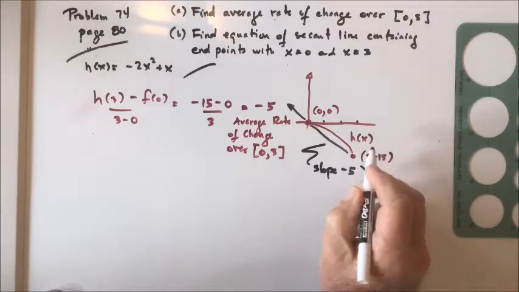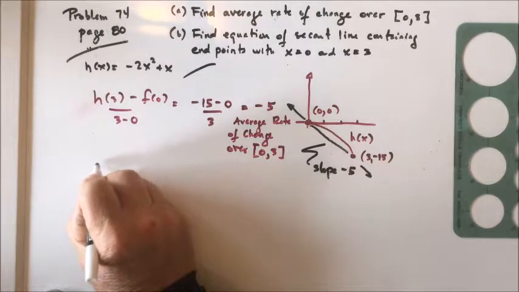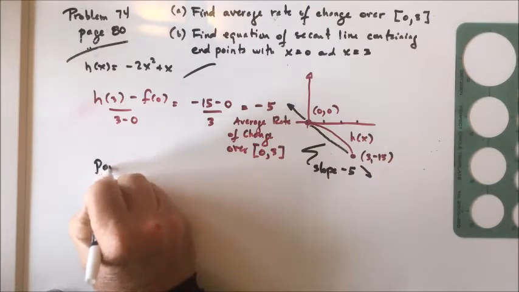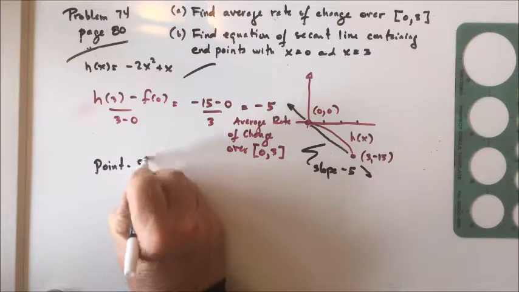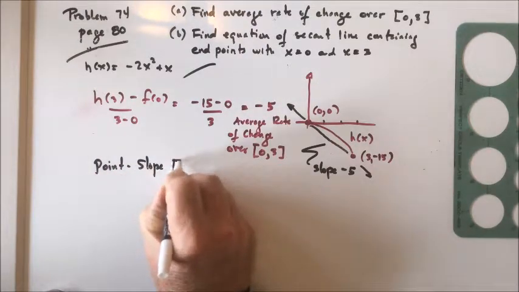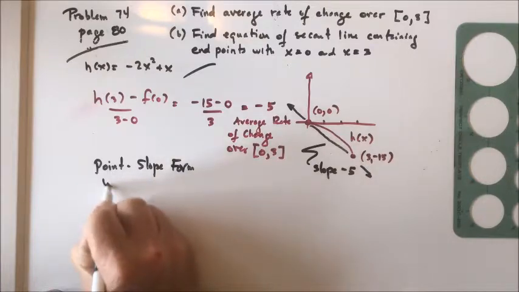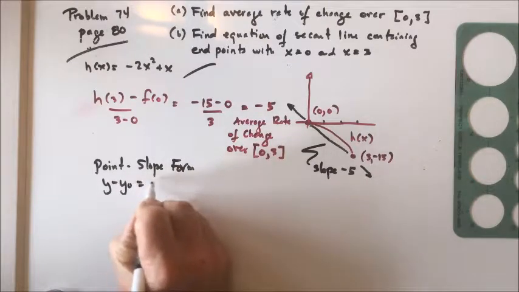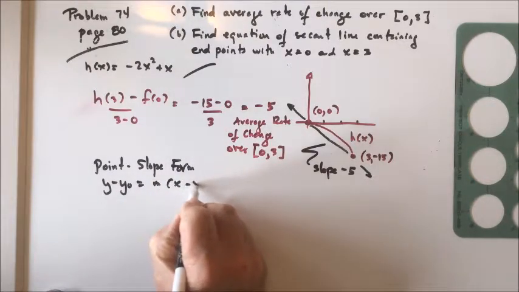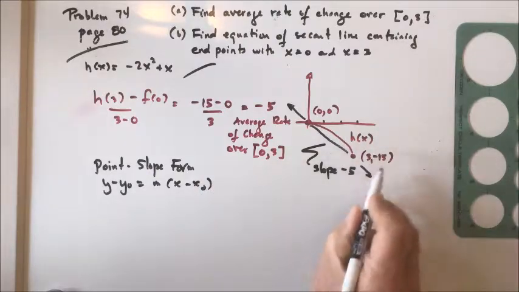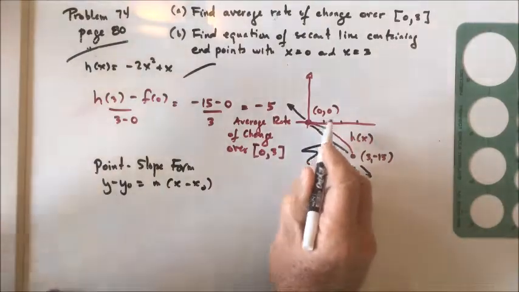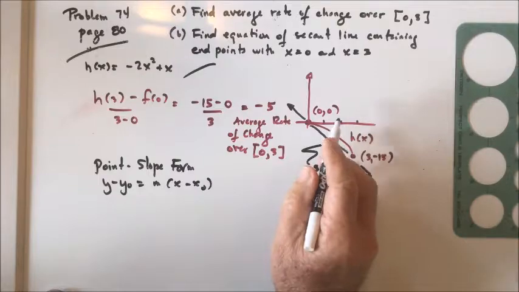And I've got a point. So very quickly I can just use the point slope form, which says y minus y0 is equal to m times x minus x0. I'm going to pick this point right here, 0, 0, to be x0, y0.